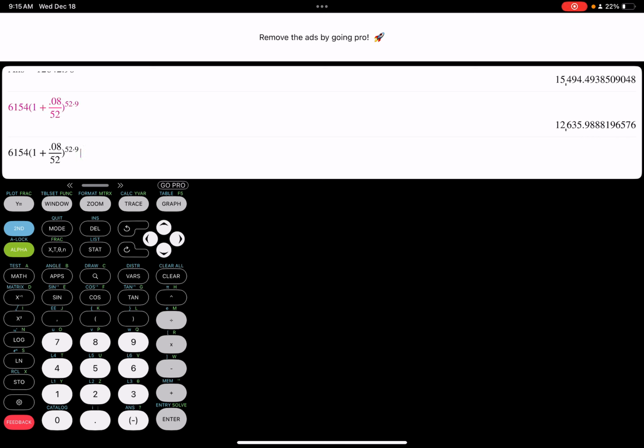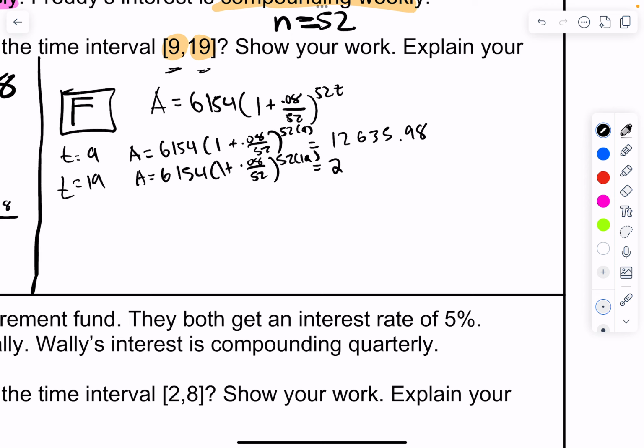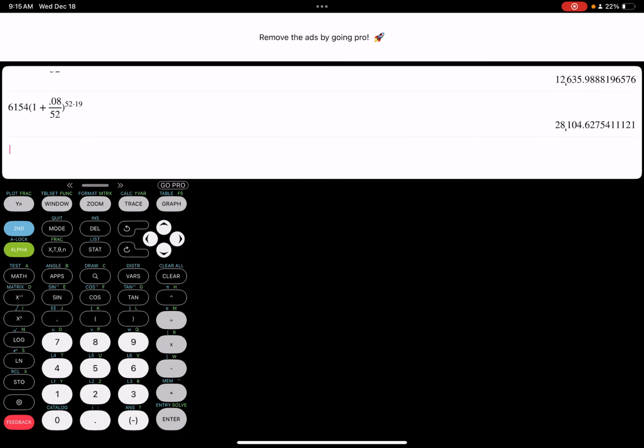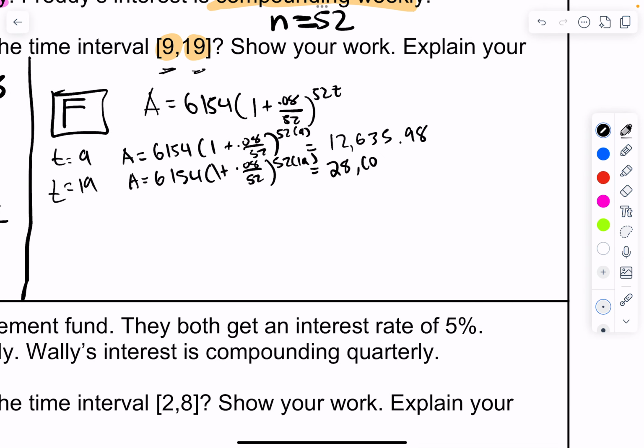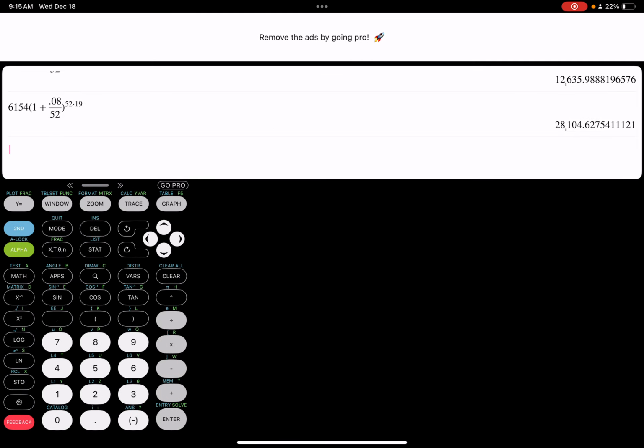And then you go back up and copy and paste it and change that to 19. $28,104.63. I forgot 104. Keep forgetting 62.